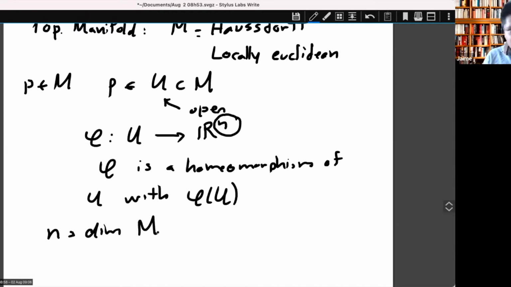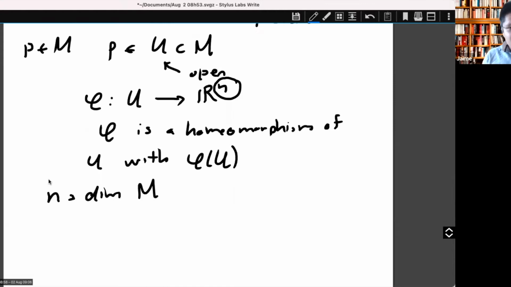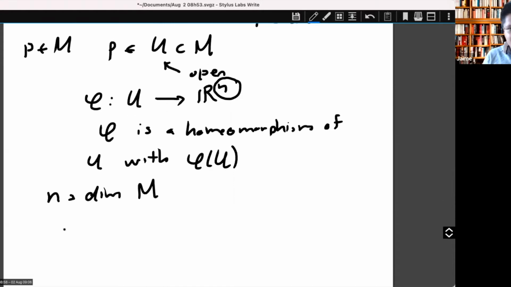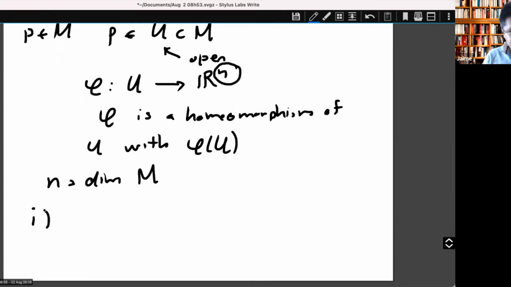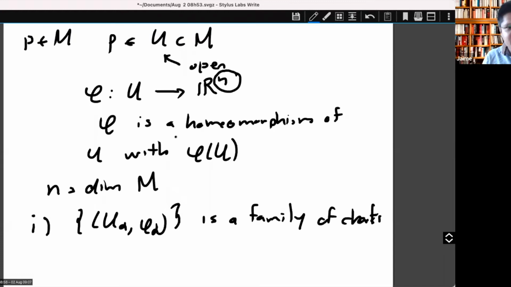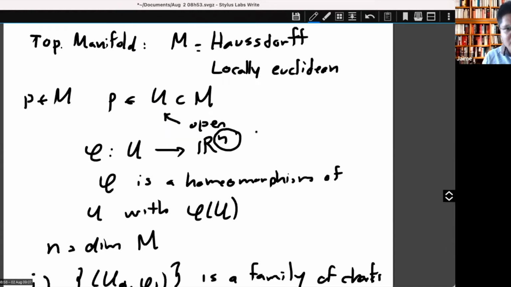But that's just the topological manifold. For a manifold to be a smooth or differential or C infinity manifold, there are several names for this, you need that you have a family of charts. These things here are called charts.